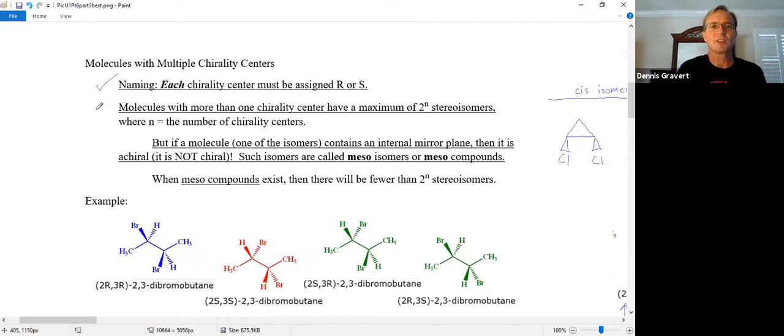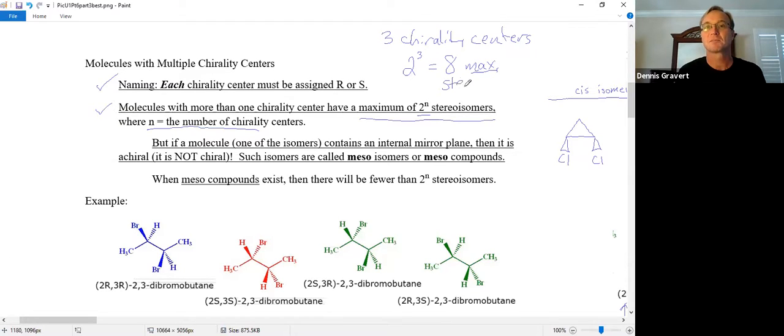You can also, if you have to draw all the possible stereoisomers, here's a good way to see if you found them all. They're going to have a maximum of 2 to the n stereoisomers, where n is the number of chirality centers, right? So if a molecule has 3 chirality centers, then it has 2 to the 3rd power, or 8 maximum stereoisomers.